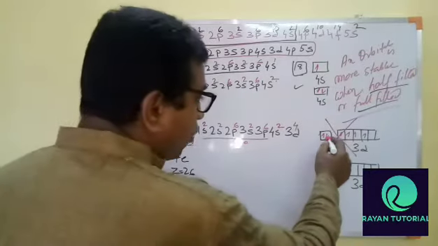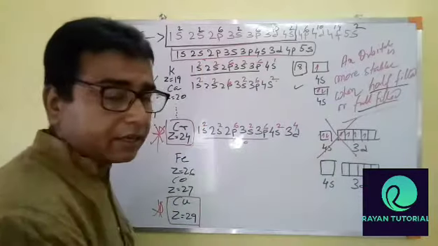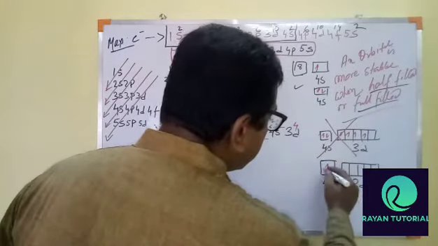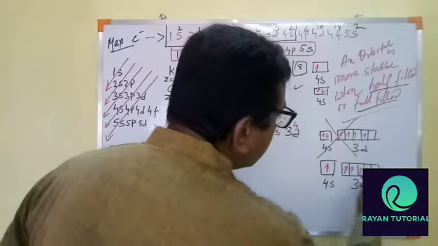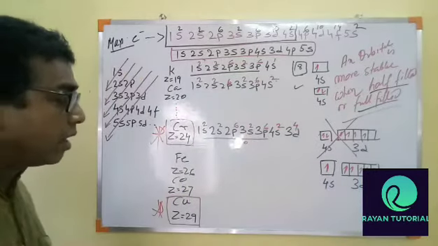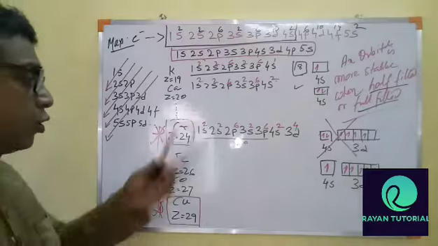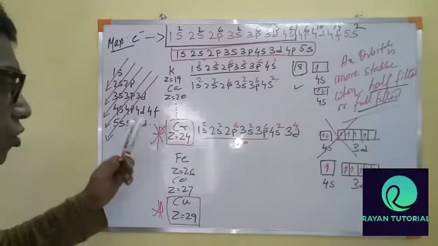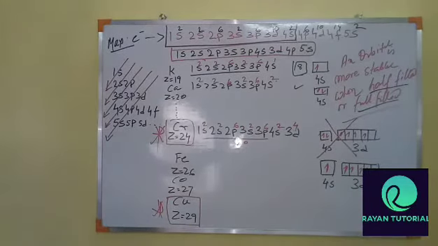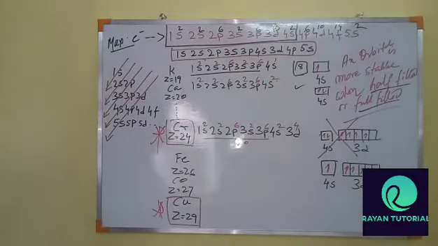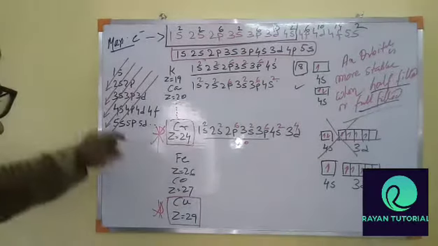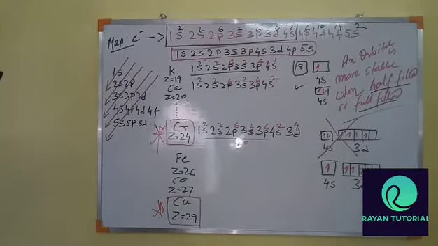So what happens, from here one electron jumps there. Clear? Understood? So this is the electronic configuration of chromium. So there is one exception for chromium, and similarly for iron.